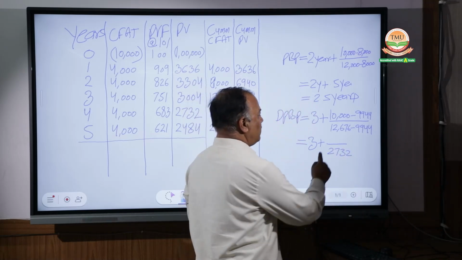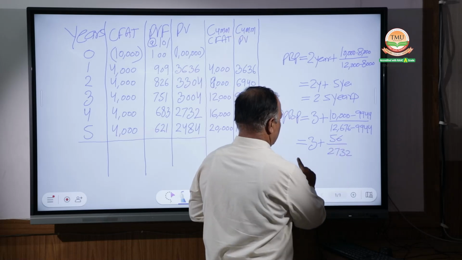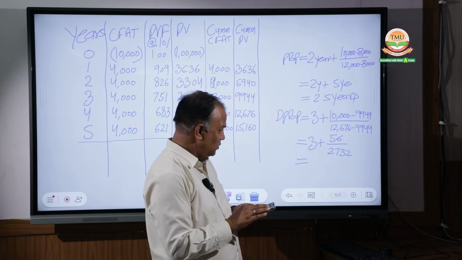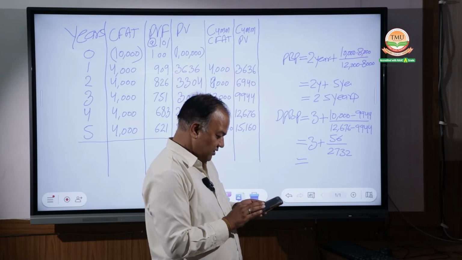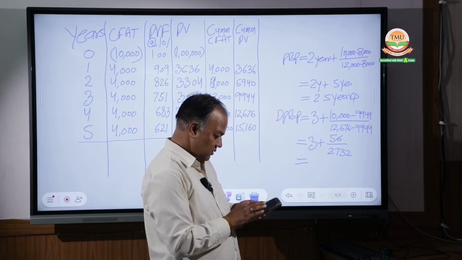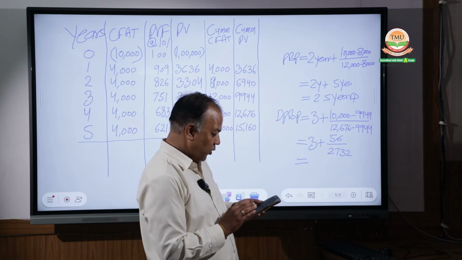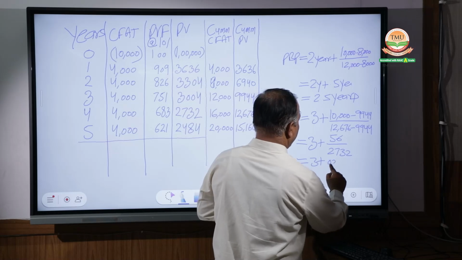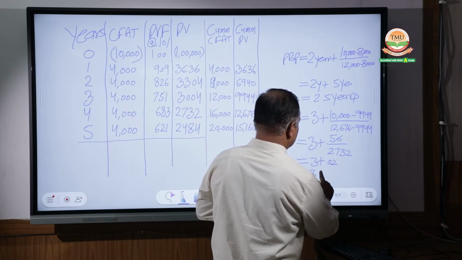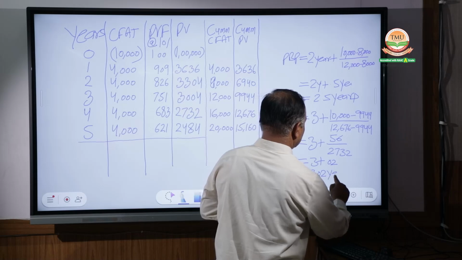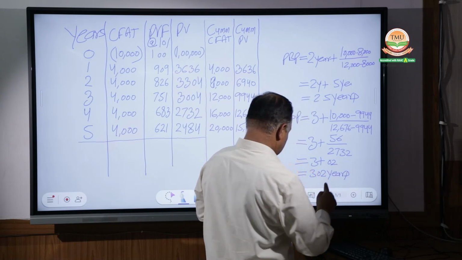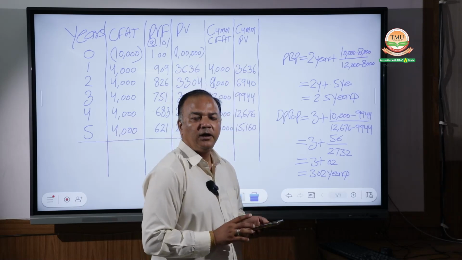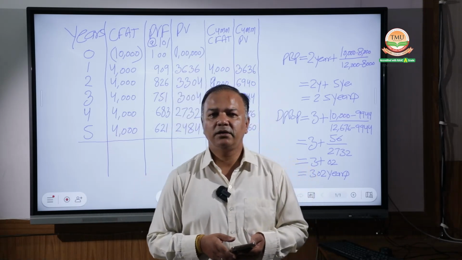Now 56 divided by 2732 will be 0.02. So 3 plus 0.02, it means 3.02 years. This is the discounted payback period.